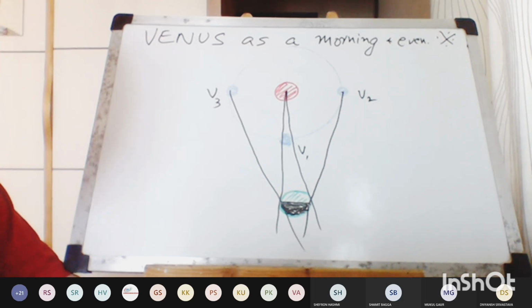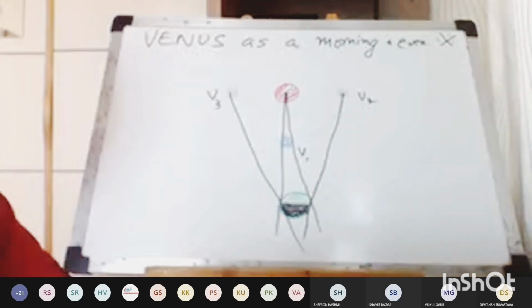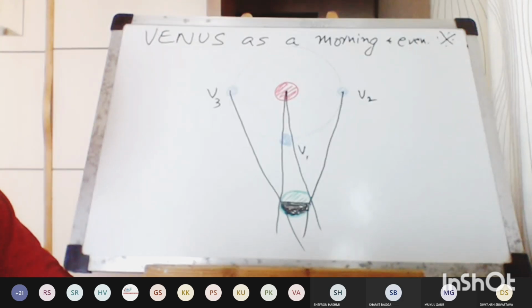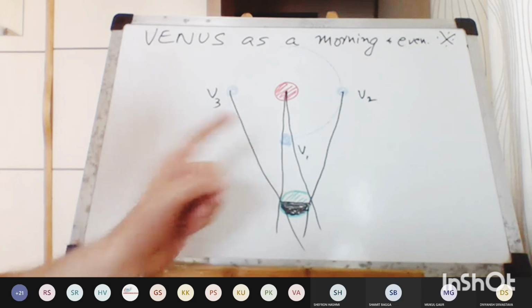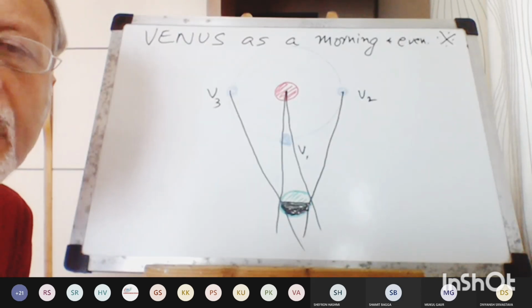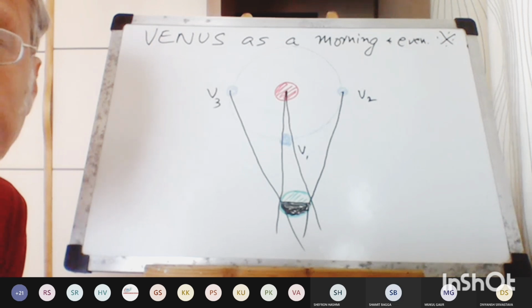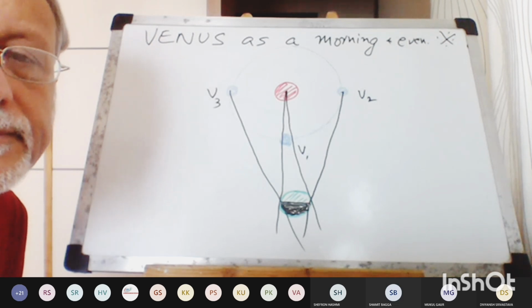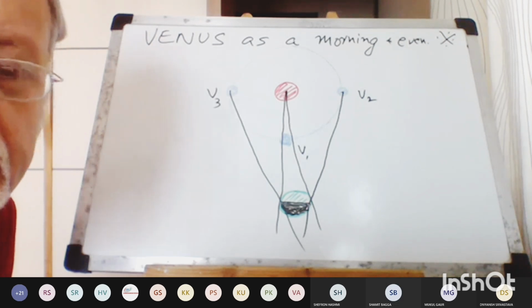Now we are trying to figure out why Venus is only visible during the morning and evening. When Venus is at V1, we say it is in conjunction with the sun. Am I right?